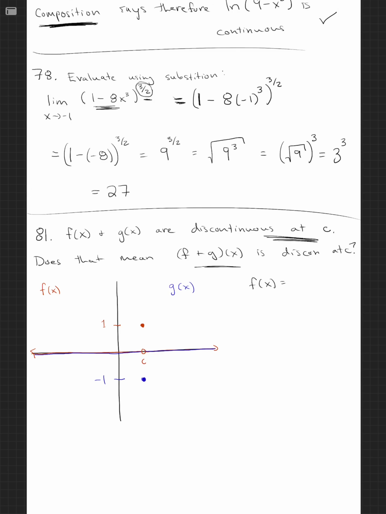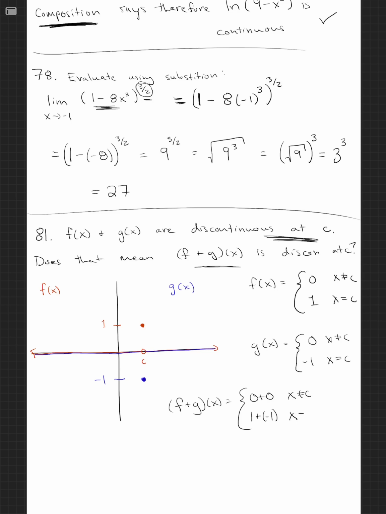So f of x is going to be 0 if x is not equal to C, and it's going to be 1 if x is equal to C. G of x is going to be 0 if x is not equal to C, and negative 1 if x is equal to C. And f plus g of x is going to be 0 plus 0 if x is not equal to C, and it's going to be 1 plus negative 1 if x is equal to C. And that, it turns out, isn't even piecewise, it's just always 0.